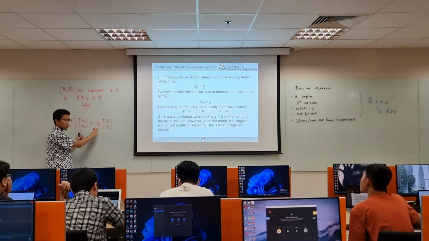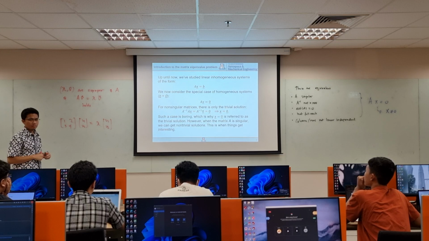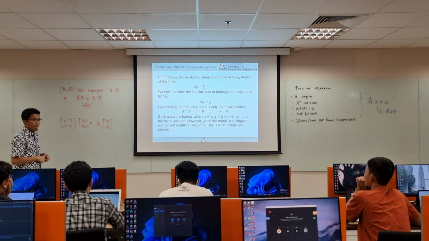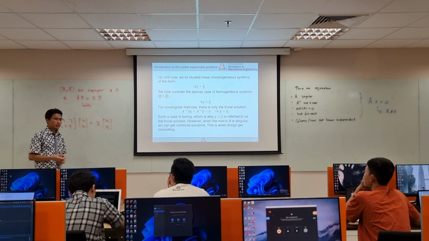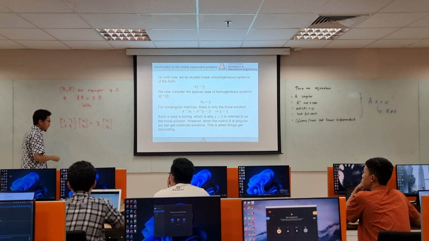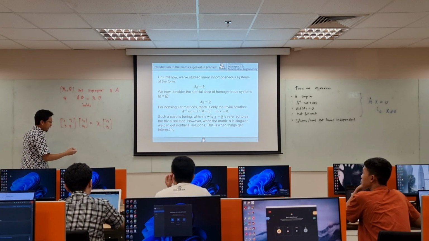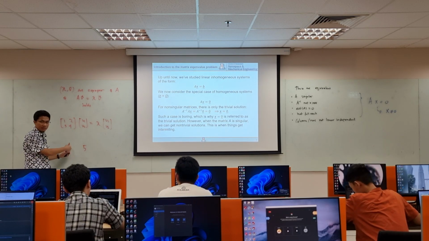The eigenvalue is a constant, like a scalar 5.